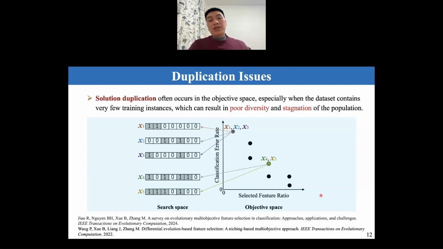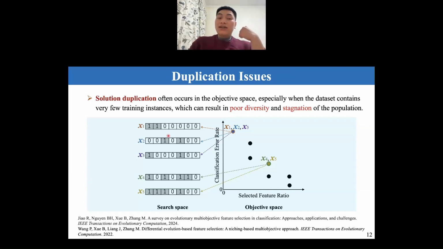So if two solutions select two redundant features, they provide the same information about the classification task, and therefore they are going to have the same classification performance. For example, here you can see we have three subsets, S1, S2, S3. All of them select the same number of features as S2, and all of them have the same classification error rate, right?